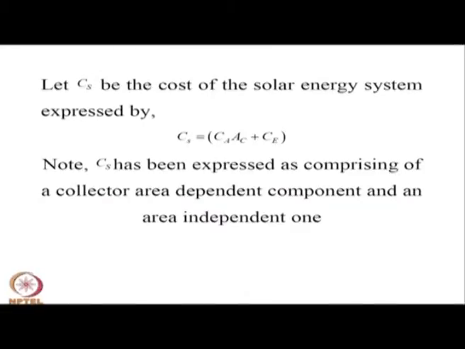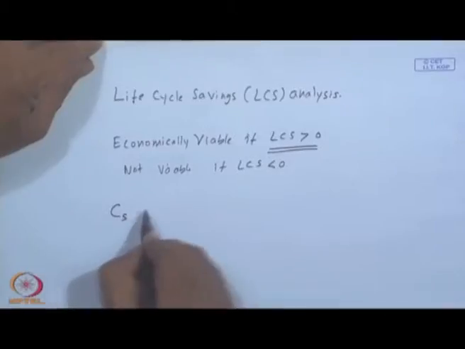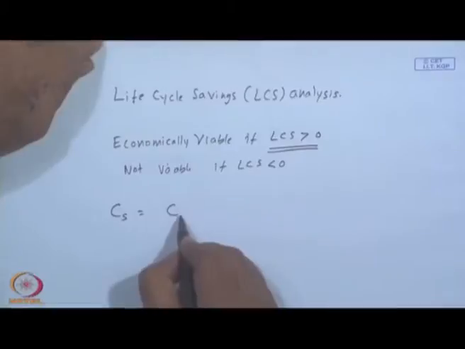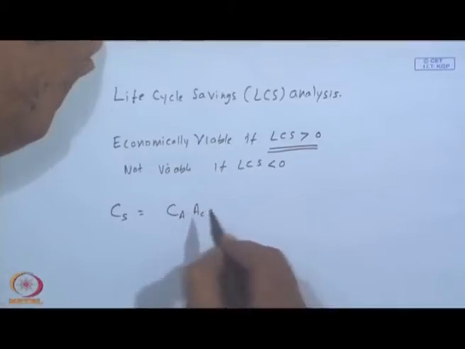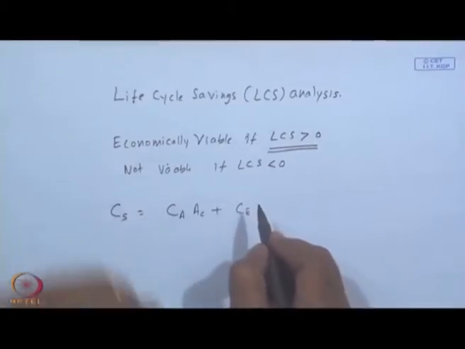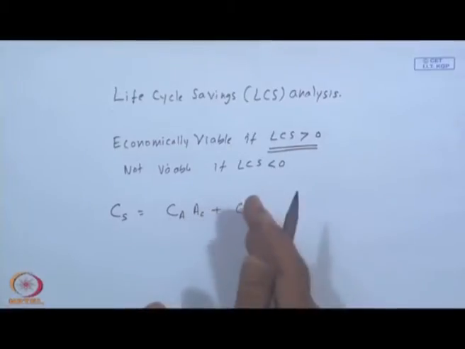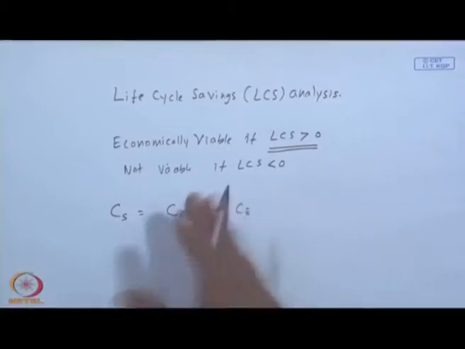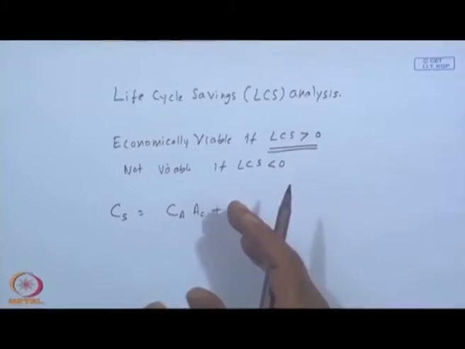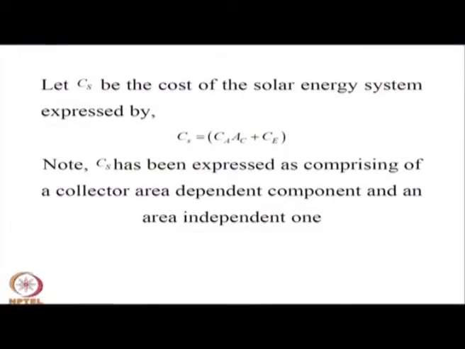So, now we split the total cost of the system C s as comprising an area-dependent cost, C A times A c, plus an area-independent cost. In other words, if the collector area is 100 square meters, it should be 100 multiplied by something, and if it is 200, it will be 200 multiplied by something.